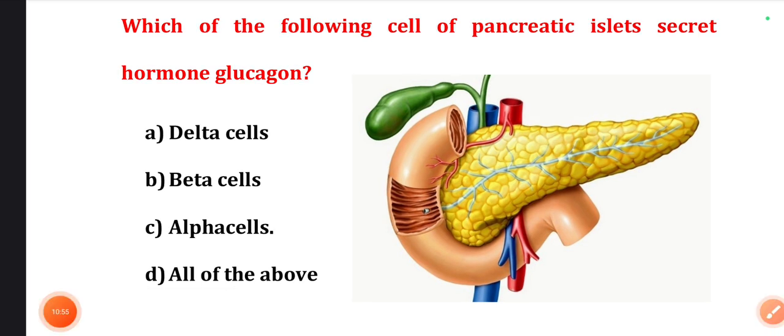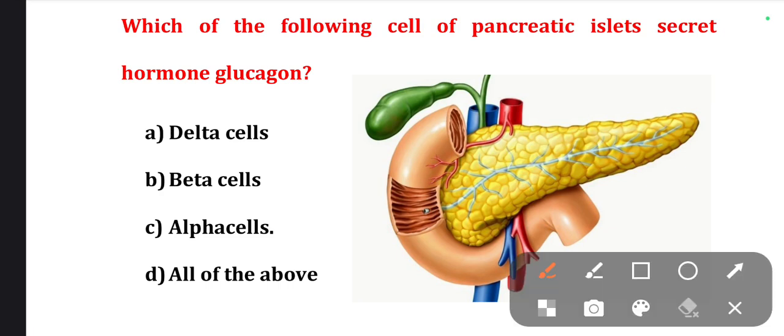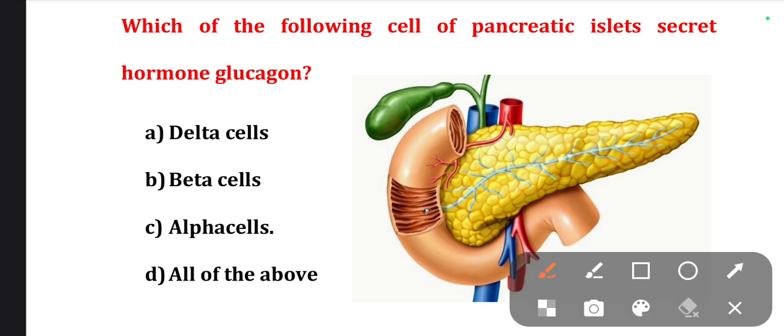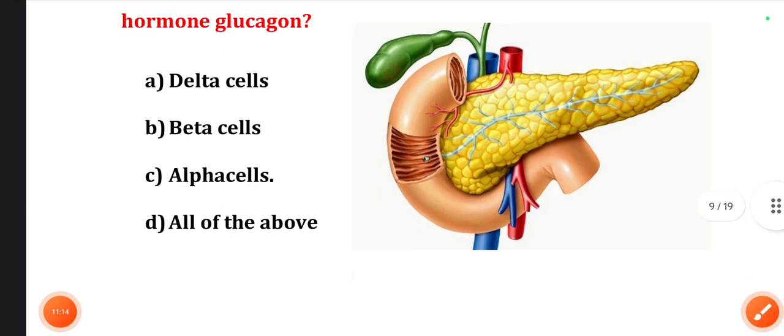The delta cells are producing somatostatin hormone, and beta cells are producing insulin hormone. So the delta cells are the somatostatin, beta cells are the insulin, alpha cells are the glucagon. Option C is the right one.